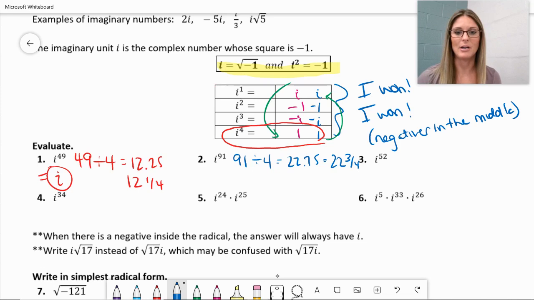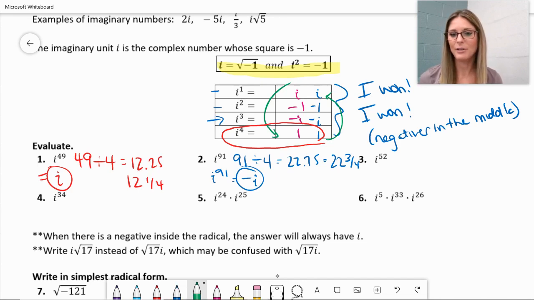So we did 22 times through those answer choices, and we landed on the third answer of the 4, which is negative i. i to the 91st is equal to negative i.